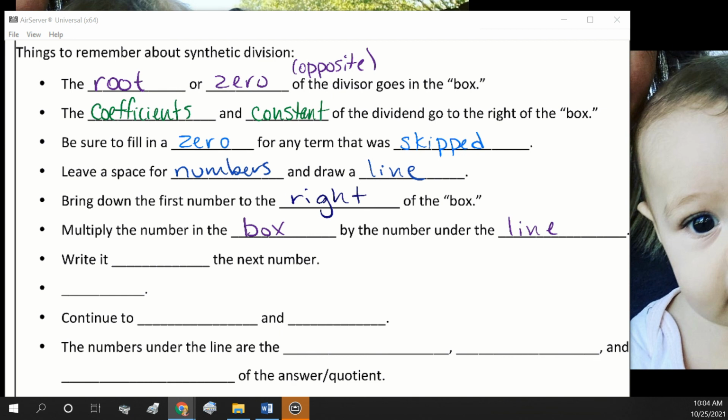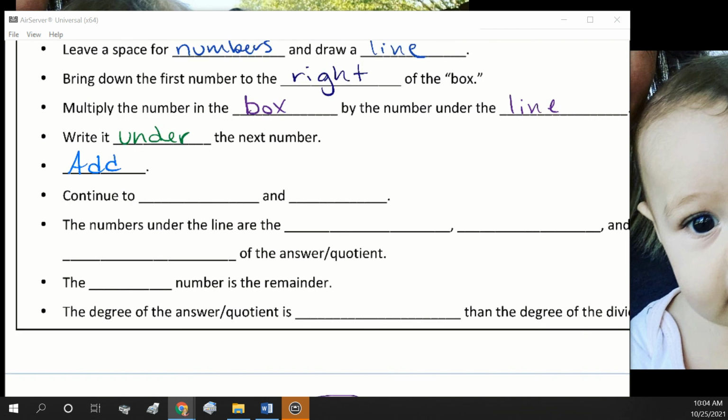And then write it under the next number. And then you add. Right. Continue to multiply and add. Okay.